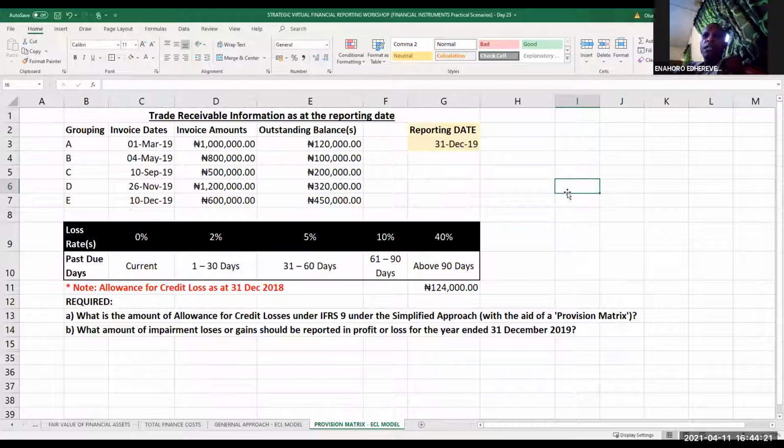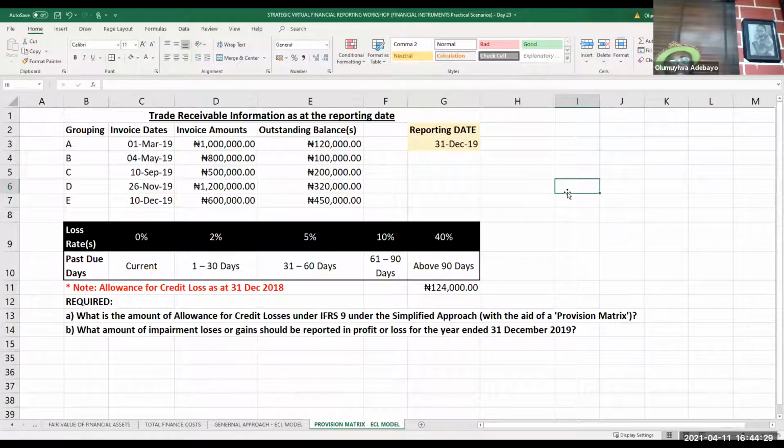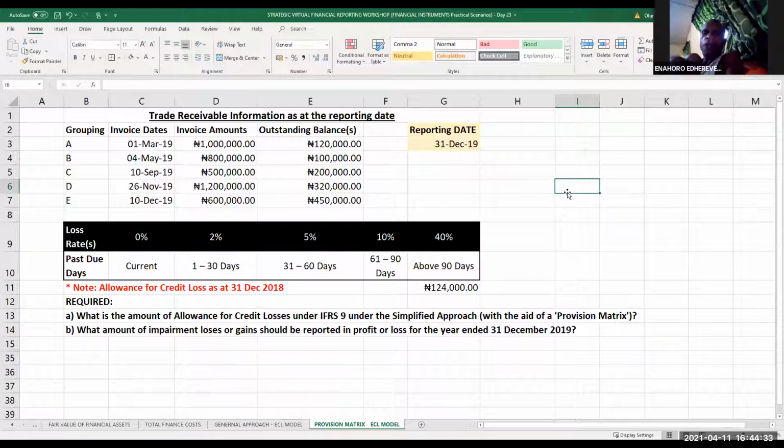So we have grouping, invoice dates, invoice amount, and outstanding balances as the column headings, because they have significance.